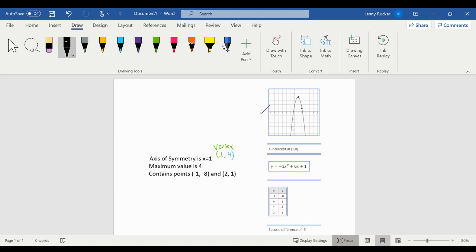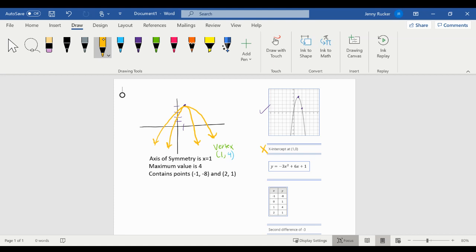If we just sketch a parabola with a vertex at (1, 4), and that is our maximum, the parabola must open down. So there's no way that it will have a point at (1, 0). So this is false.